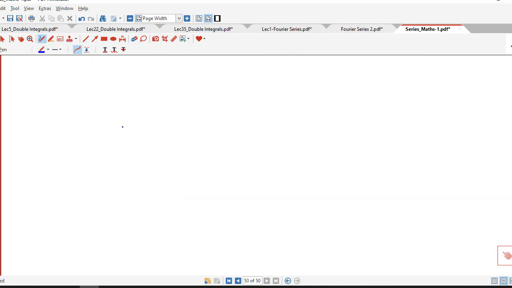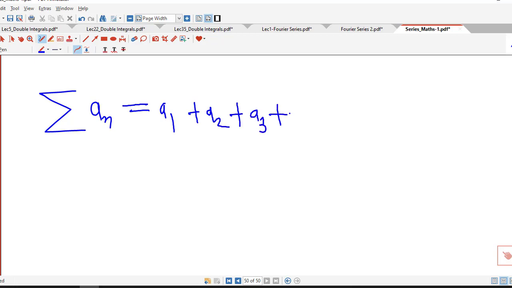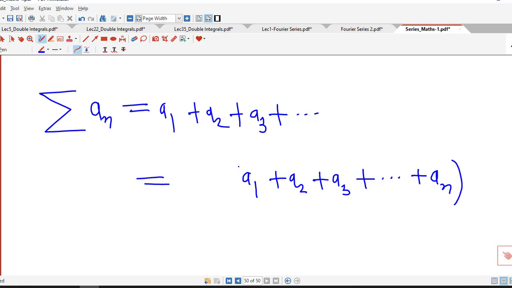The first result which we will discuss is the definition of convergence. If we consider this series sigma an, then we can write this infinite sum as a limit of finite sums. Suppose I consider the addition of the first n terms of this series, a1 plus a2 up to an.